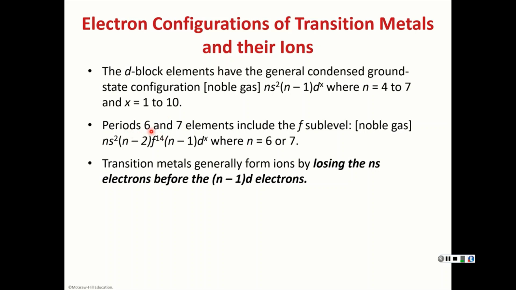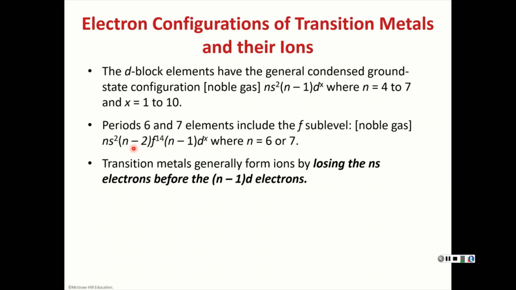Okay, period 6 and 7 elements, remember, are where the lanthanides and actinides can stack in. Those can include that f sublevel. So their ground state condensed electron configuration is that preceding noble gas, ns2, and then (n-2)f14. So we've gone all the way through that row of lanthanides or actinides, right?